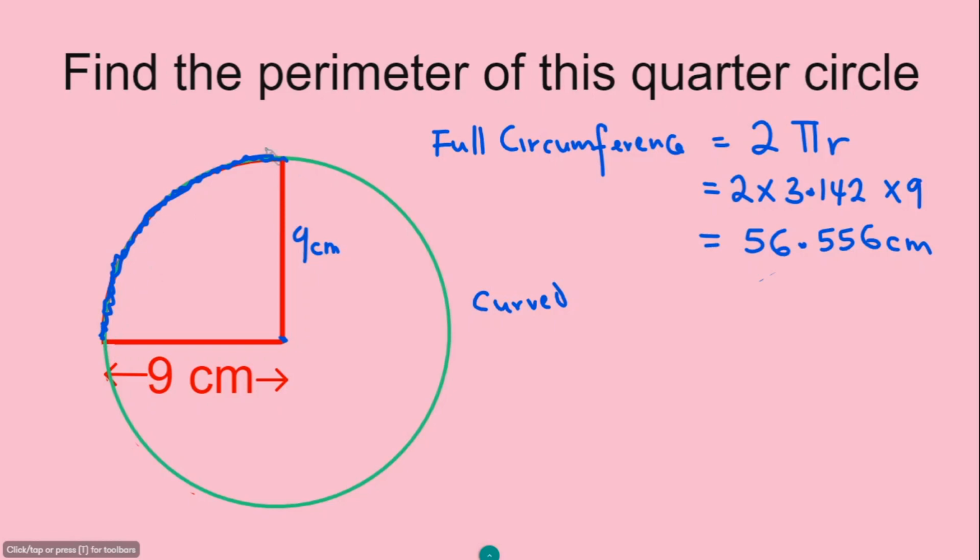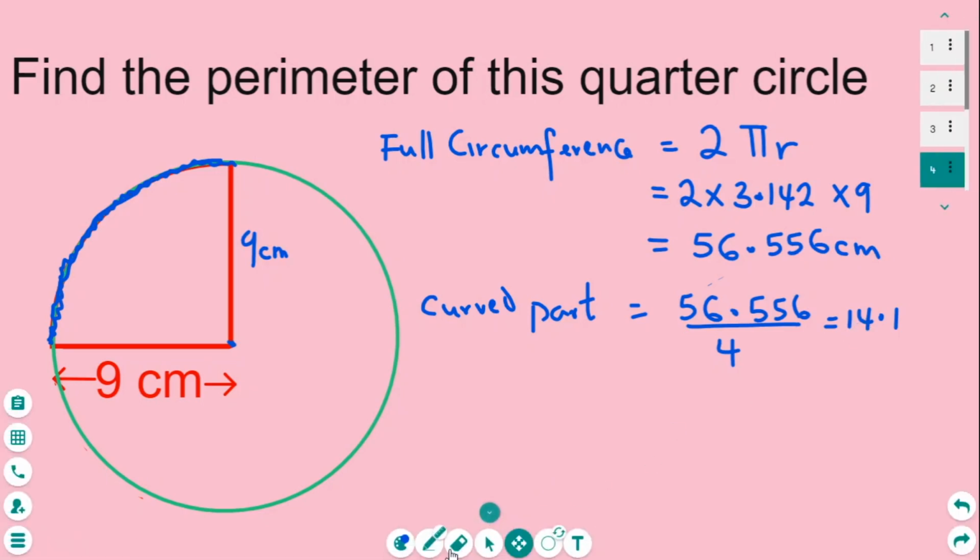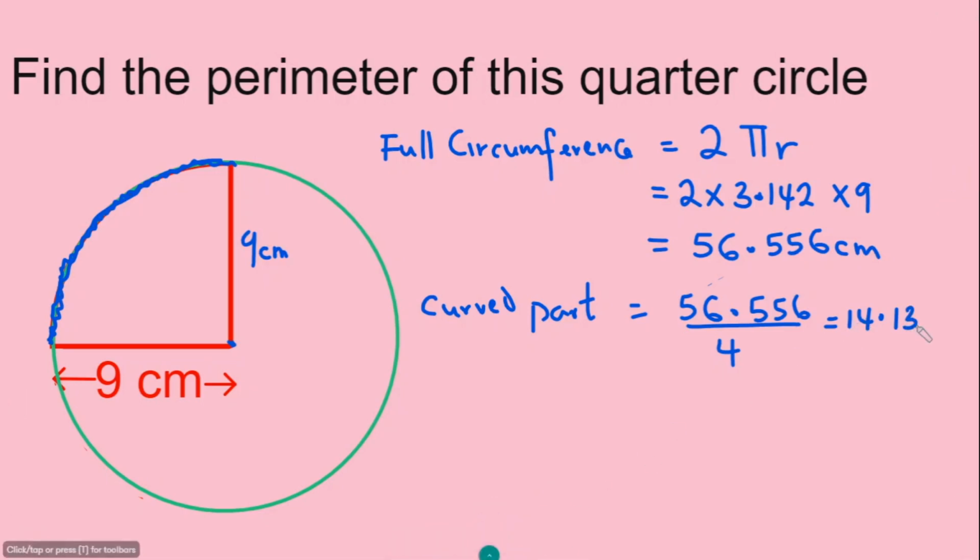To find it, because it is a quarter of the full circle, I'm going to divide this by 4. 56.556 divided by 4, and if I do the calculation, I'm going to have 14.139 centimeters. Now that's the curved part, shaded blue here.